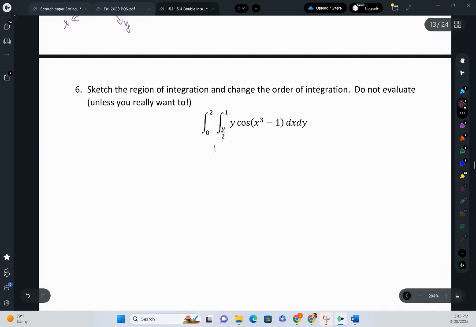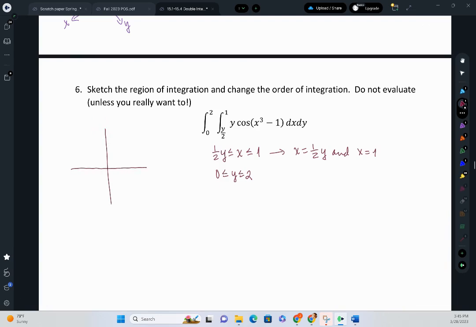So I have 1/2 y is less than or equal to x is less than or equal to 1. That means we have the equations x equals 1/2 y and x equals 1 showing up. My y bounds are 0 to 2. So let's see what that looks like on a graph.